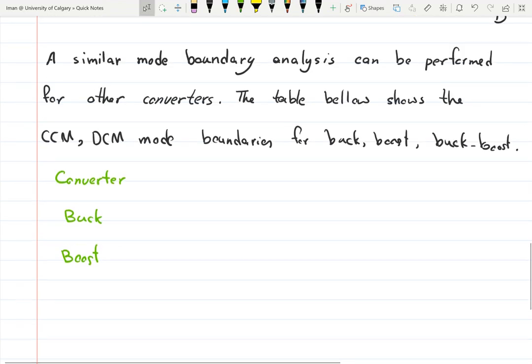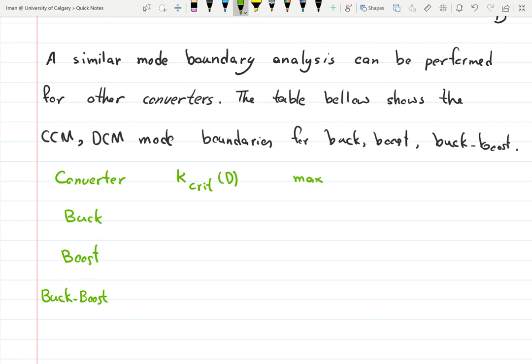I'm not going to do the analysis of how we derive the K critical for the boost and the buck-boost. I'll leave that to you guys, but I'm going to give you what you should end up with. K critical of D, then what is the max of this value? So for buck, we said that it's 1 minus D, the K critical of D. For the boost, it will come out to be 1 minus D to the power of 2.